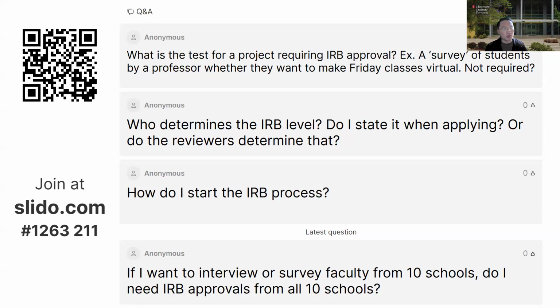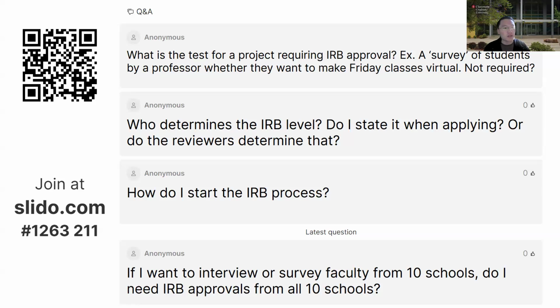So you can suggest your own IRB level when you submit your application, but it always comes down to the IRB office to determine which level it is after they have received your research outlines and research descriptions.